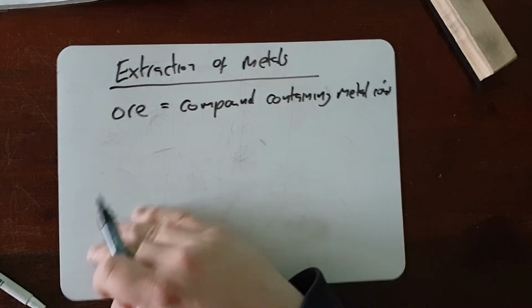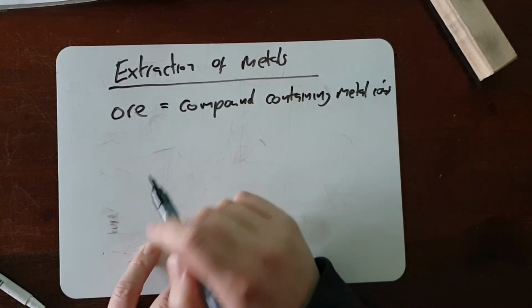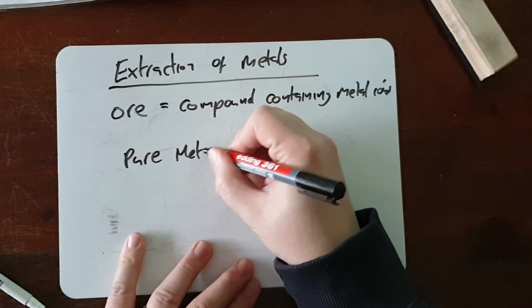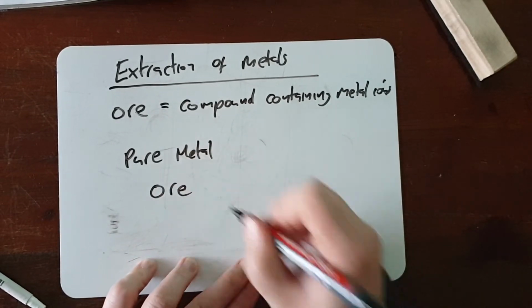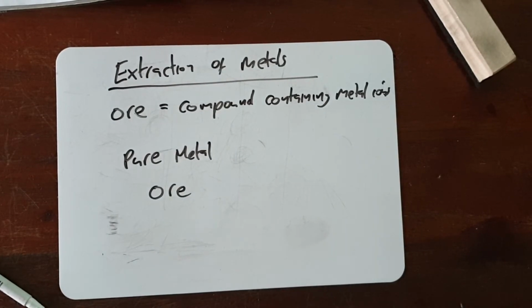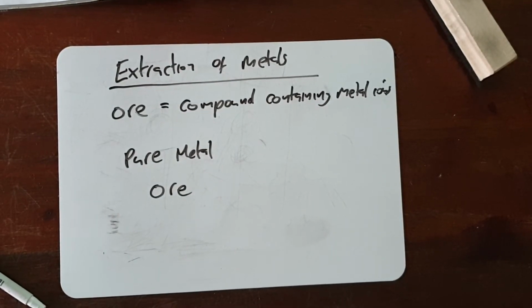So we dig metal out of the ground either as pure metal or as an ore. And if I buried an iron bar in the ground and then came along a couple of million years later to dig it up, it wouldn't be an iron bar anymore. It would have reacted. I'd be digging up iron oxide.